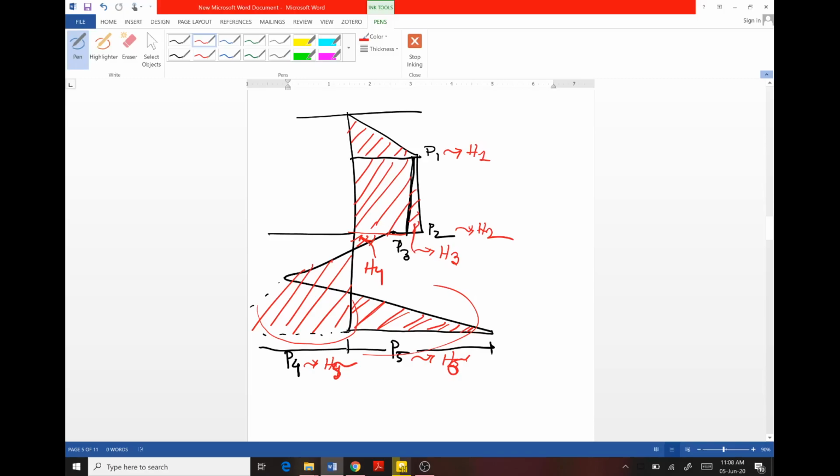You can find the values of H1, H2 since this is the pressure area. So what is the value of H1? Half into P1 into height H, so half into 115.5 into 3, which sums to 173.25 pound. Similarly, H2 is equal to 115.5 into 10, which sums to 1155 pound.